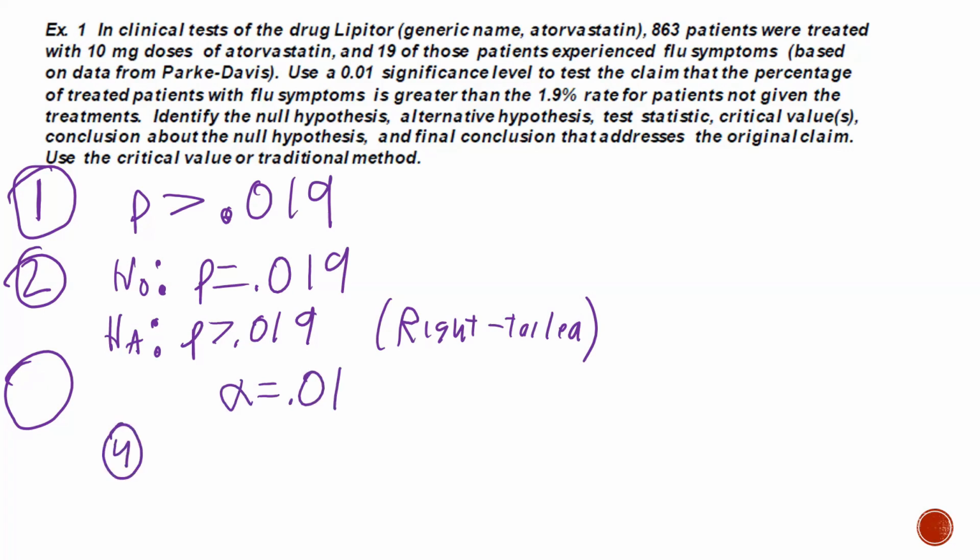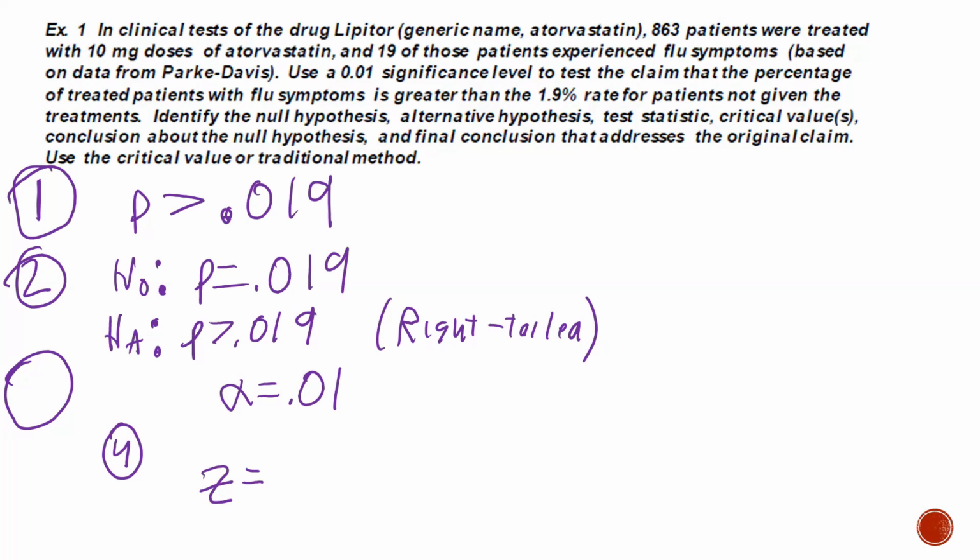Step 4 is to calculate the test statistic. And the test statistic for proportions is always represented by what letter? Yes. Now, that won't always be the case. We will have T when we get into the mean stuff.